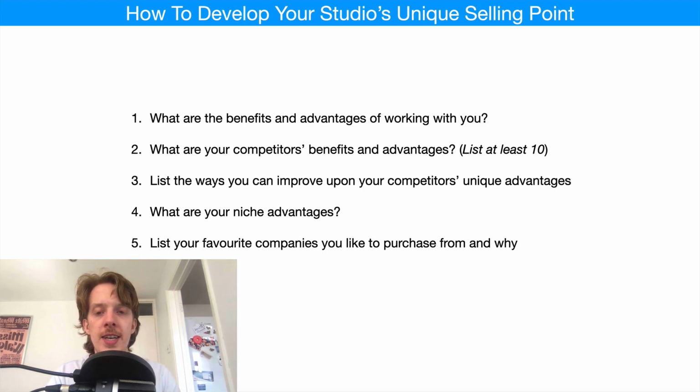And question number 5 is list your favorite companies you like to purchase from and why you like to purchase from them. And I love this question because I learned why I like to purchase from companies out there. And this is something you can take away and start thinking about whenever you find yourself choosing one company over another.